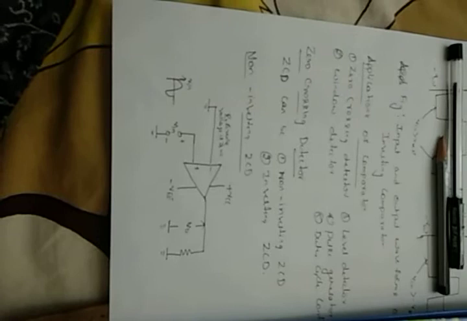In the same way, as the name itself says, zero crossing detector, whenever the input crosses the zero point, that is the zero level, the output voltage just switches between high and low.